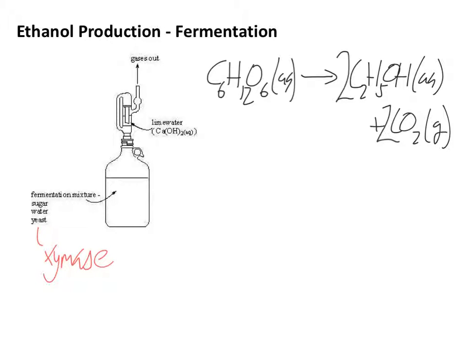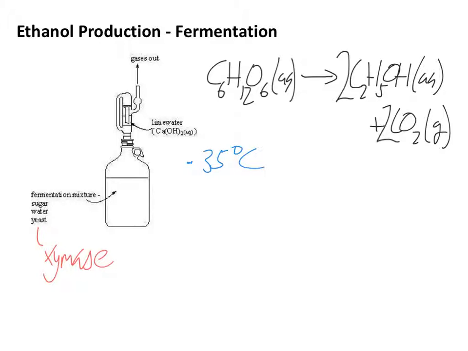Now the fact that yeast is in our mixture really does determine the kind of conditions that we can do fermentation at. We do it at roughly 35 degrees Celsius. Somewhere between 30 and 40 degrees C is fine.